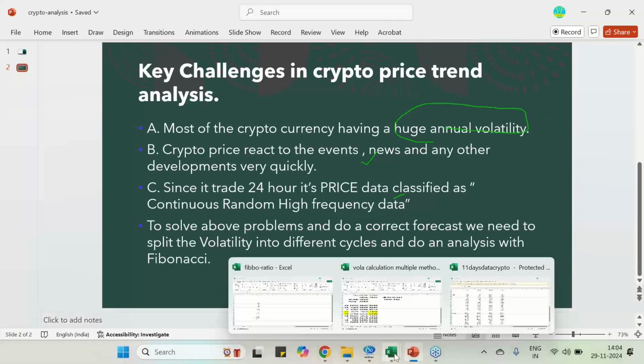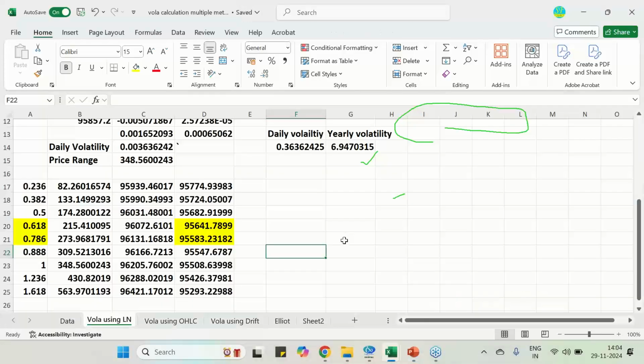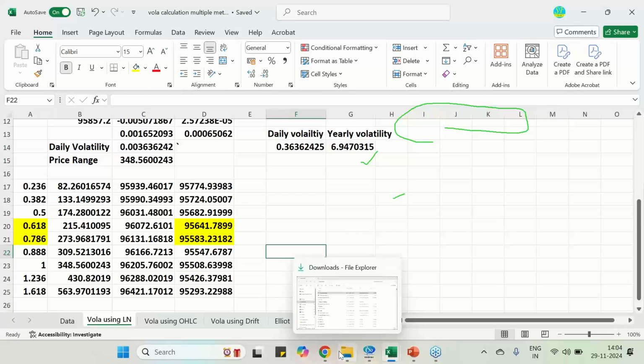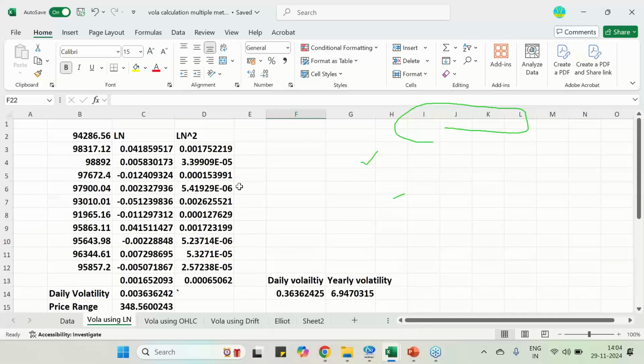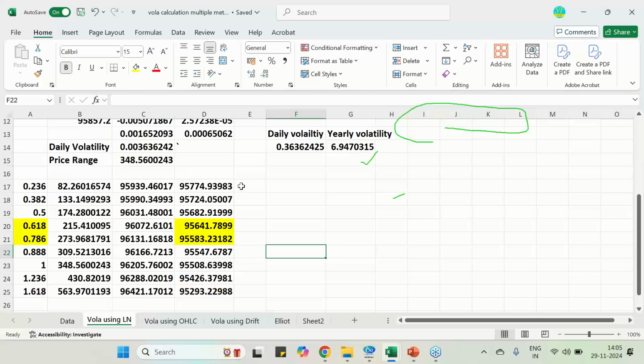We need to change those indicators, oscillators, the Fibonacci principle, volatility, everything, to be compatible with that particular instrument's behavior. This instrument's behavior is wild, so we have to do a cluster analysis and add some new factors so that the analysis will be very good. This is how you should use the Fibonacci and volatility method in crypto analysis.